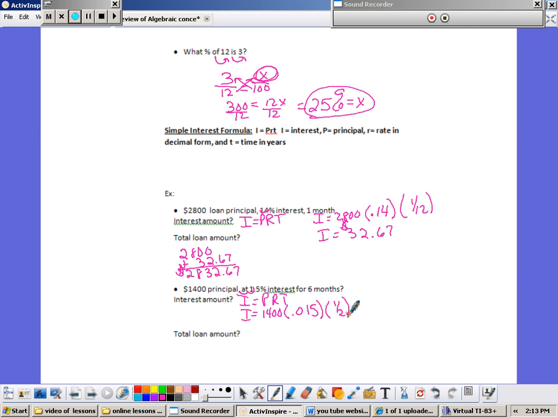So 1,400 times 0.015 times 1/2. I is equal to $10.50. Now my calculator actually said 10.5, but since I'm talking about money, I need to change it into dollars and cents. So my total loan would be $1,400 plus $10.50, which is $1,410.50.